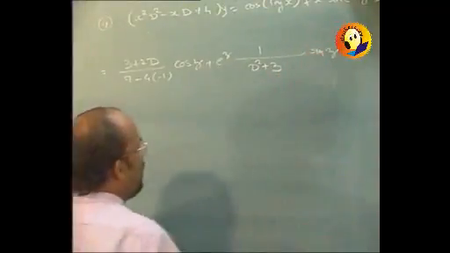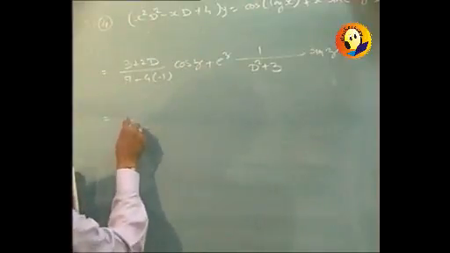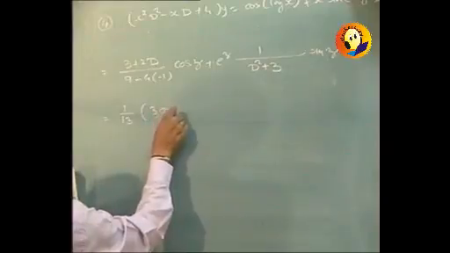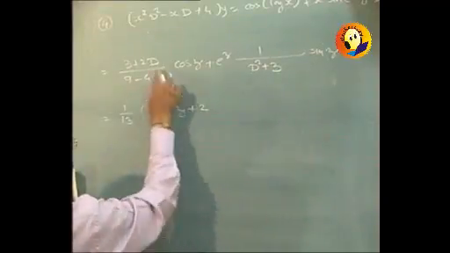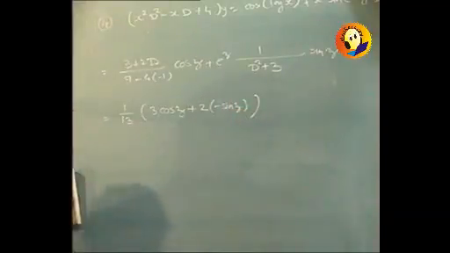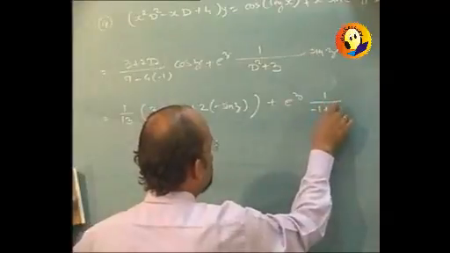You will have to apply formula number 3 again, and here this will be 9 plus 4, 13, 1 upon 13 goes outside, 3 cos z plus 2 times the differentiation of cos z, which is minus sin z, plus e raised to z 1 upon minus 1 plus 3 sin z.